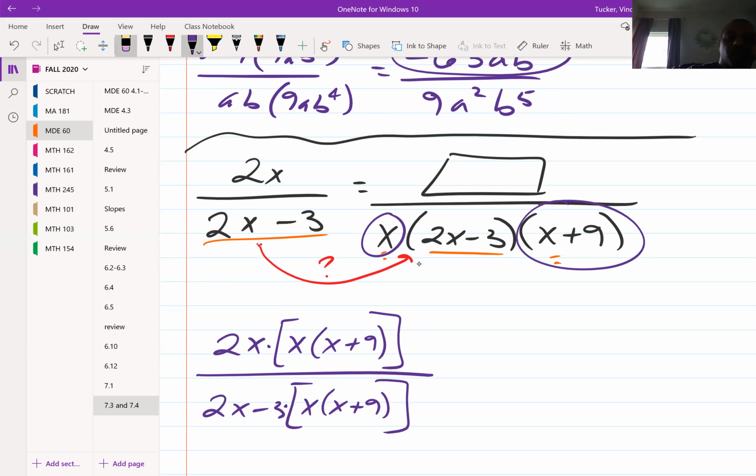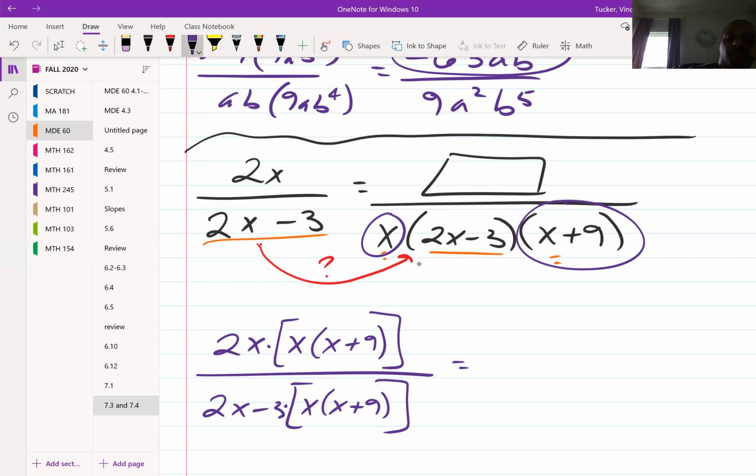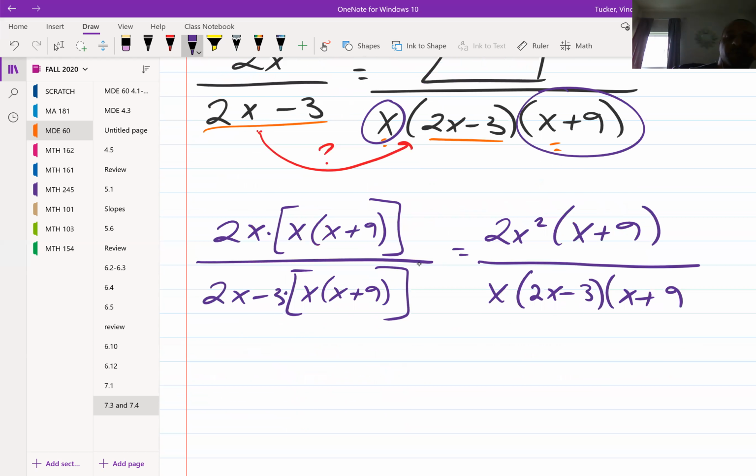All right. Make sure we're okay with that. So that bottom denominator is x times 2x times x plus 9. This numerator, I'll do 2x times x, which is 2x squared, and then distribute the 2x squared.